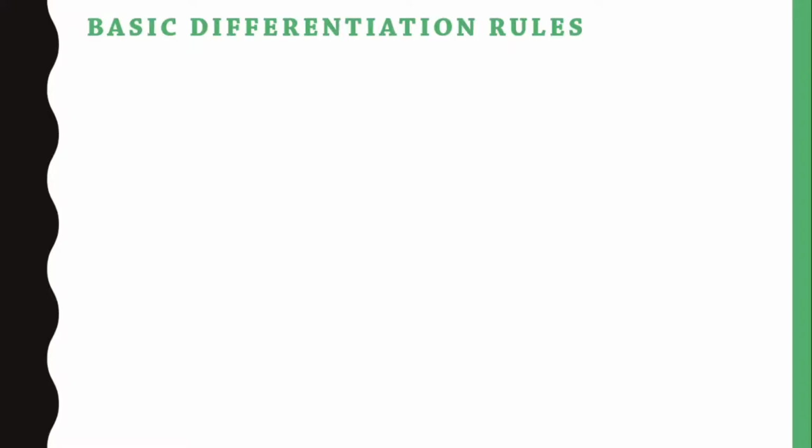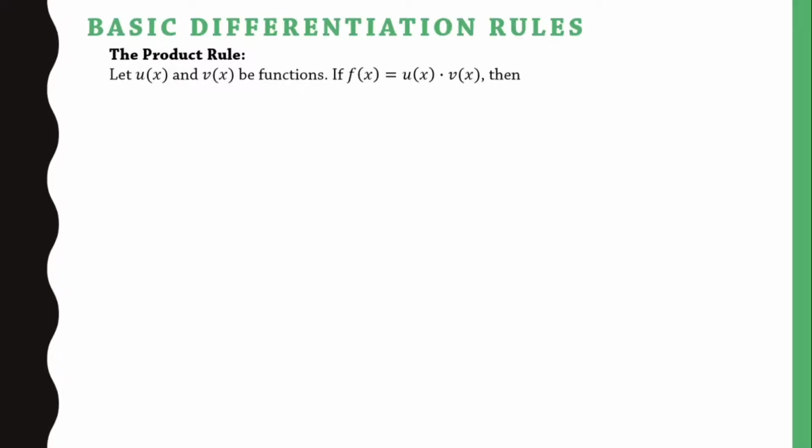Second to the last differentiation rule is called the product rule. According to the product rule, if we have functions u of x and v of x, and we have it as f of x equals u of x times v of x, it's called product because we're multiplying two functions, then the differentiation rule is f prime of x equals u of x times v prime of x plus u prime of x times v of x.